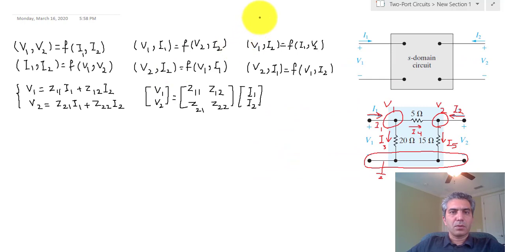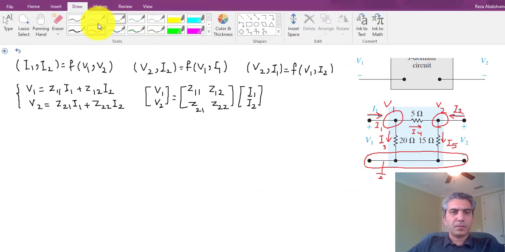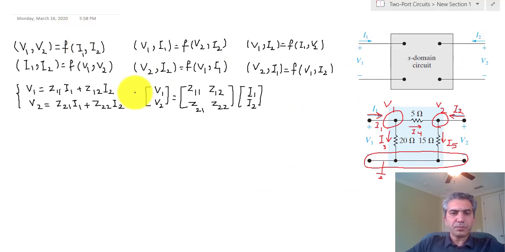Okay, so now let's move on and start writing the equations for this circuit. So we have 2 nodes to write KCL for. So I'm going to write from here. So KCL. There are 2 KCLs.